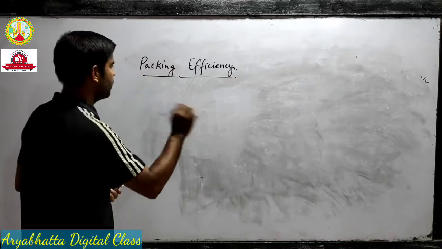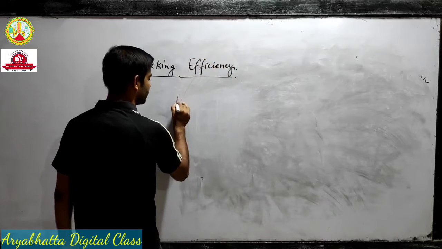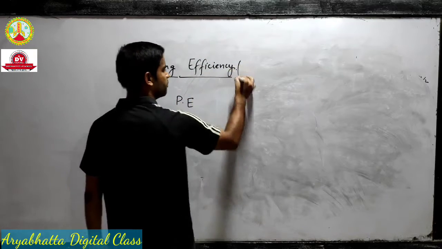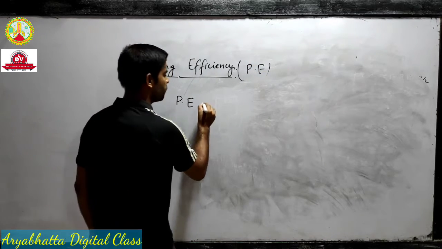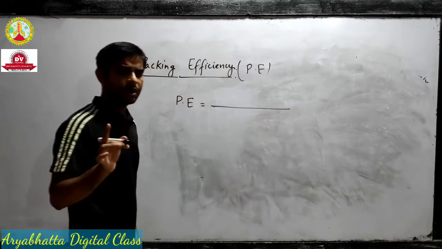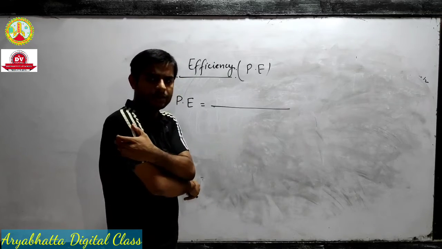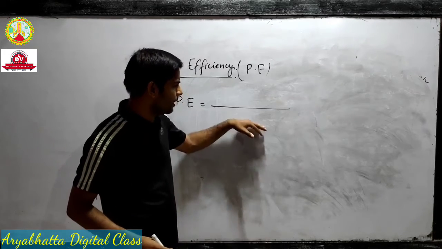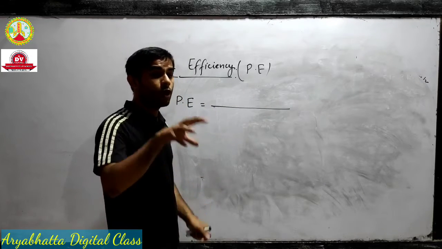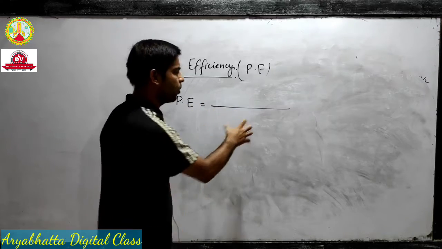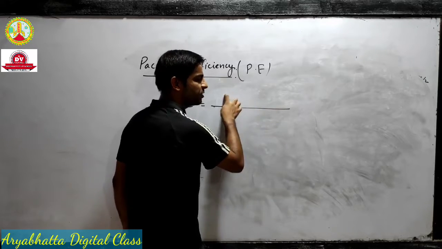If we mathematically write packing efficiency, I will use PE in short, for packing efficiency. In thermodynamics what we did was output by input: input was at the denominator and output at the numerator. Why is that? Because we want to calculate, out of the total given thing, how much has been used.